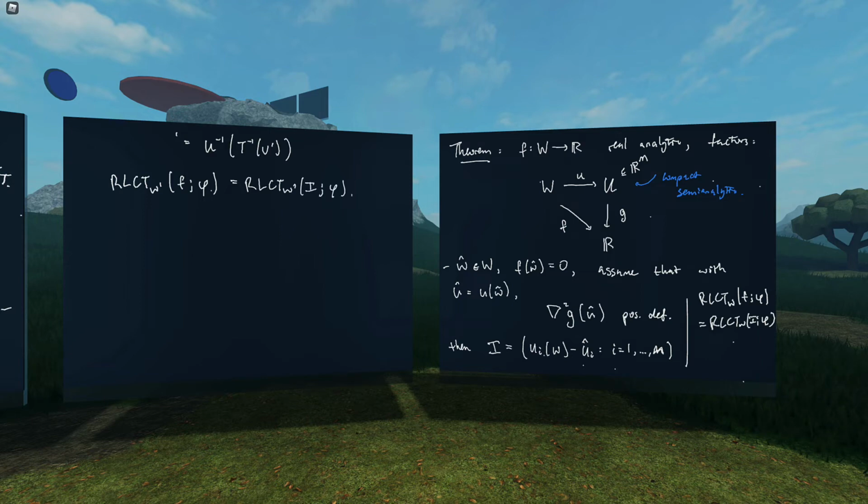Okay, just as a side note, I forgot about this business with shrinking the neighborhoods, because once you do the whole story with resolution of singularities, it doesn't really matter.